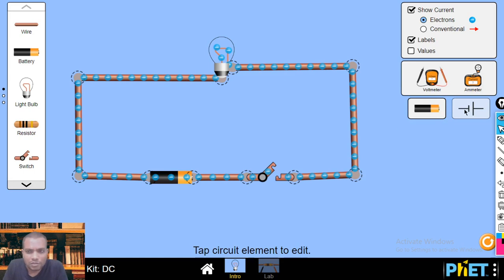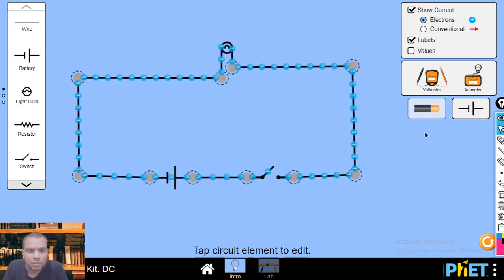If I switch to circuit mode, instead of the cell we get a symbol. This is the symbol for cell. It has two lines, one short and one long. The long line stands for positive and the short line for negative.